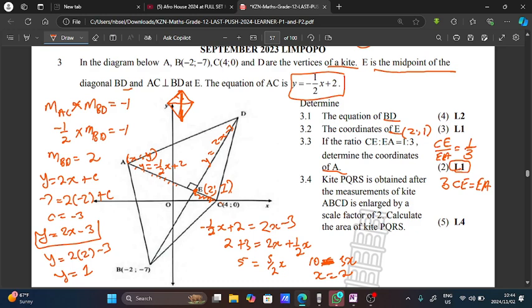There are no parallel lines on the kite. They are not parallel.